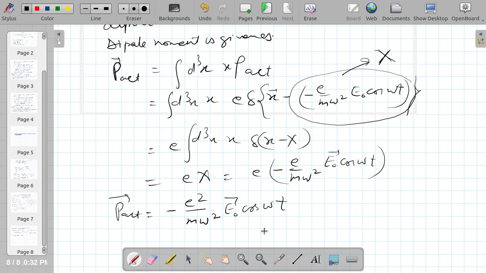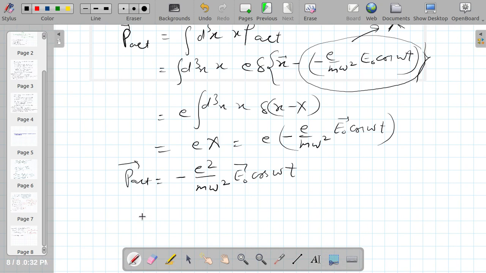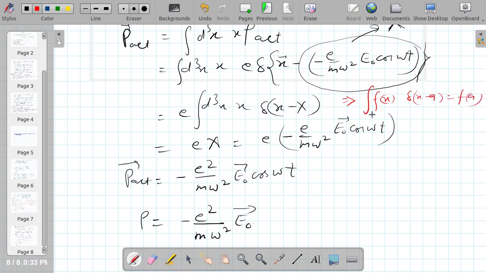Here I have taken the simple dipole moment as P, or you can say the amplitude of dipole moment, meaning maximum value, is e square over m omega square E naught. And here I have used the simple formula of delta function, that f of x delta of x minus a is f of a. This formula I have used here, right?